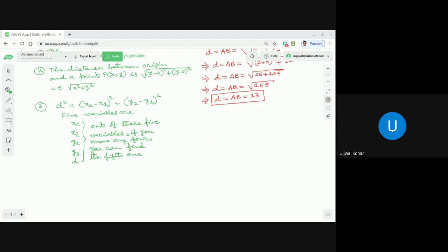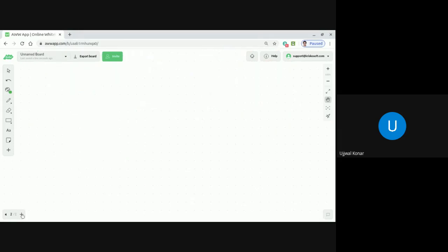Distance properties in geometrical figures are extremely important to know, and that is the point of discussion now. So I'm going to start on a new page.